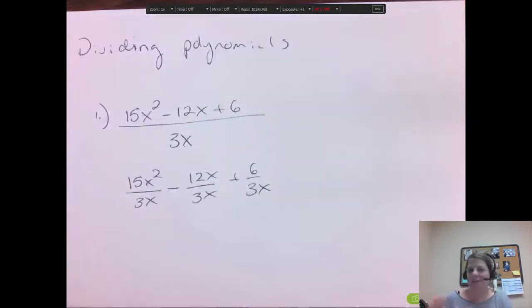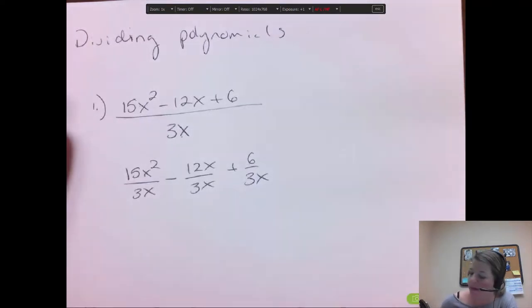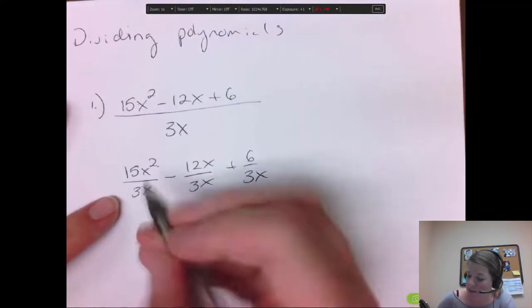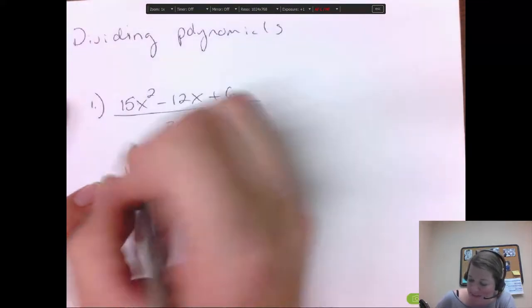We don't like this method if the divisor has a plus or minus because it's not effective. You don't get anywhere but an ugly mess. But when you just have the one term, you can reduce each fraction. 3 divides into 15 5 times.